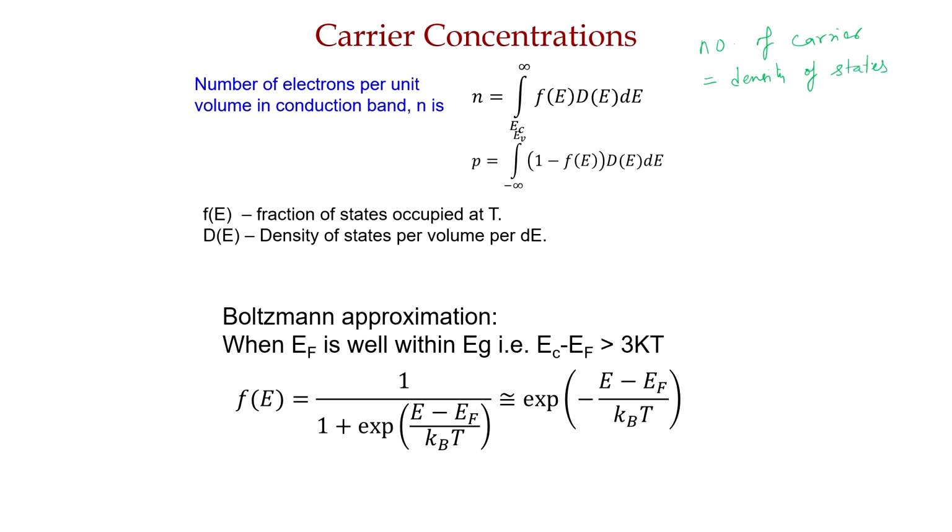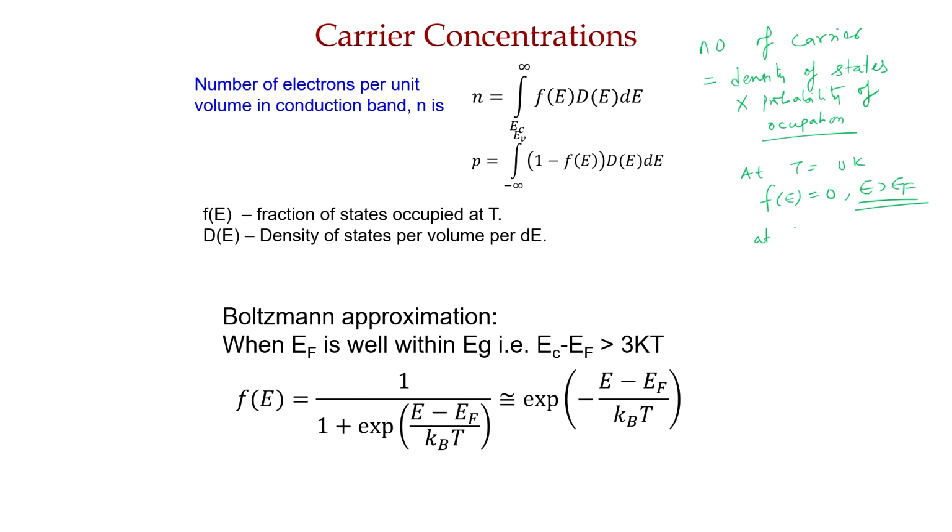Density of states will give you the number of energy states multiplied by the probability of occupation. So, obviously, if you do this at 0 Kelvin, then this will be 0, because in conduction band there is no electron. The probability of occupation at T equal to 0 Kelvin, F(E) is equal to 0 for E greater than Ef. So, all the conducting states are empty, which means there is no carrier density there.